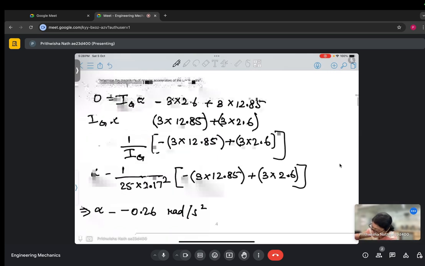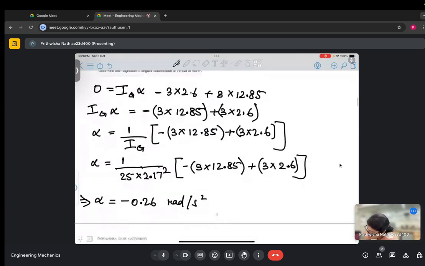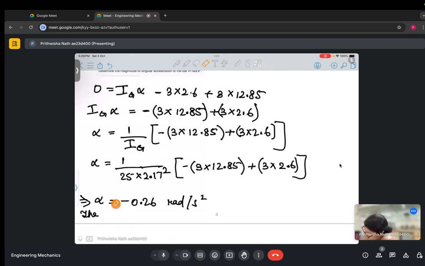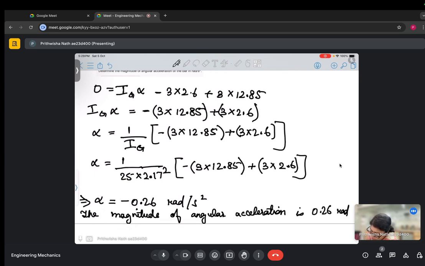So the magnitude is 0.26 radians per second square.